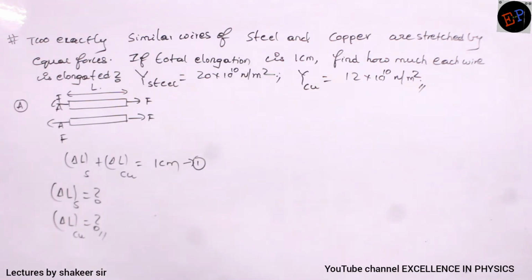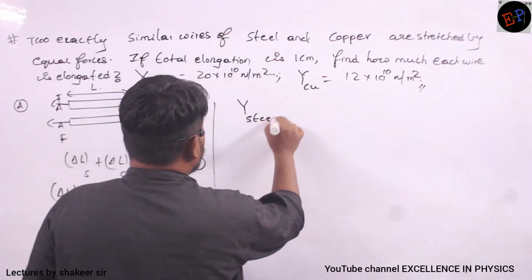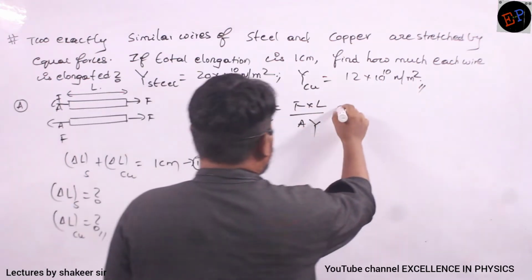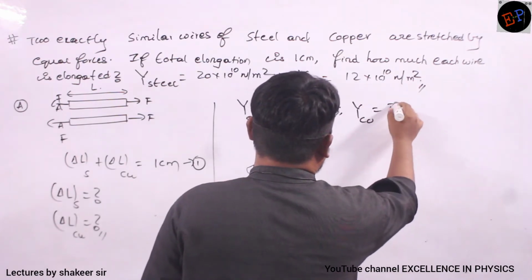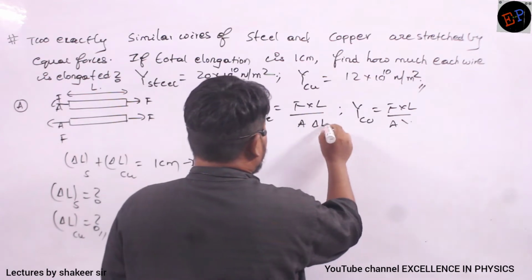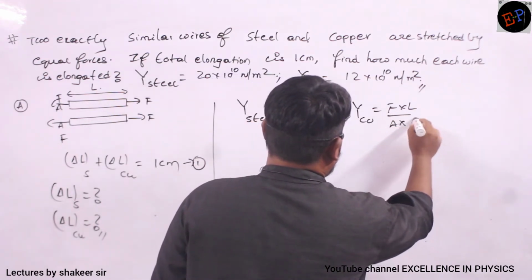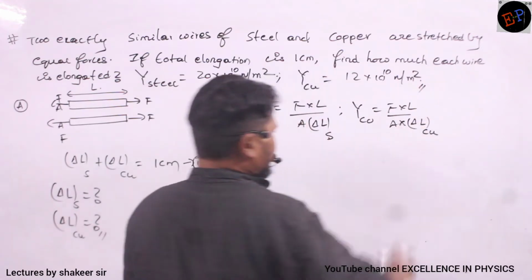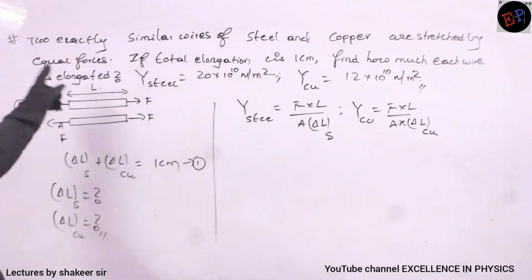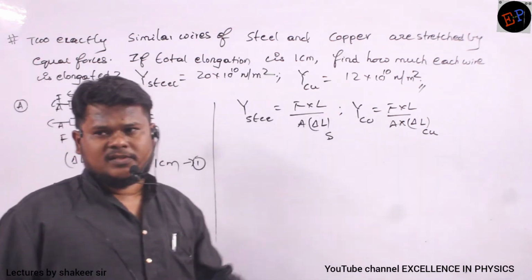Y modulus, you can take Y modulus. So Y modulus of steel is nothing but F into L by A into delta L steel. Similarly, Y modulus of copper is also nothing but F into L by A into delta L copper. Y modulus is already given, the forces are equal, length is also same, area of cross section is also same.